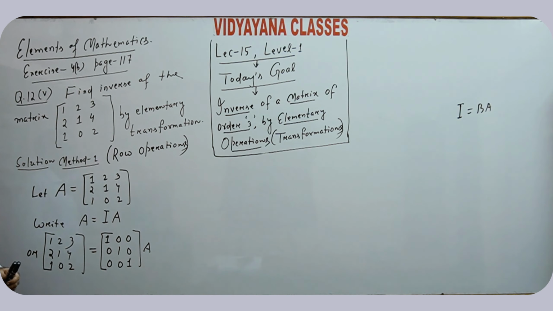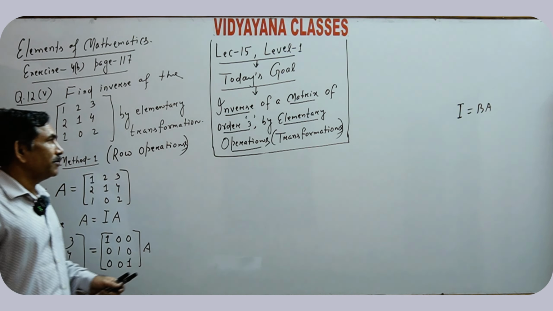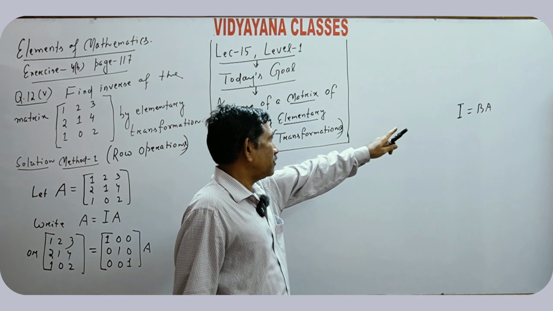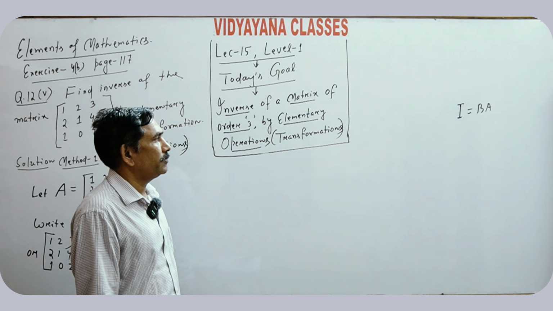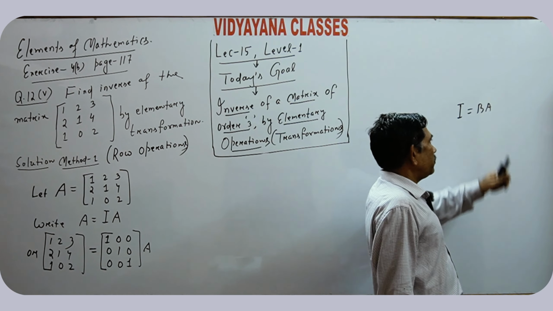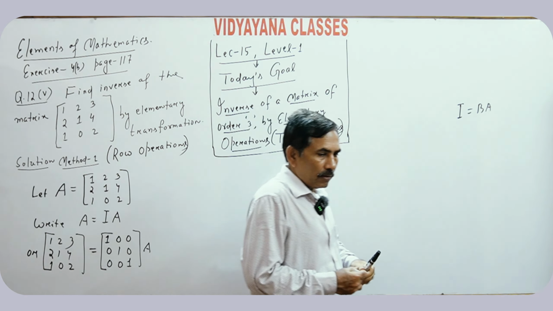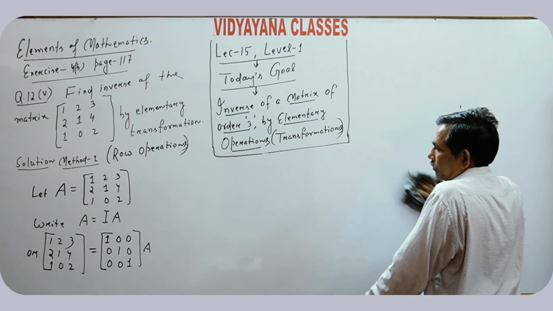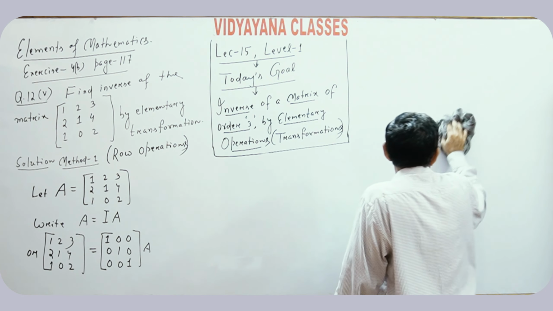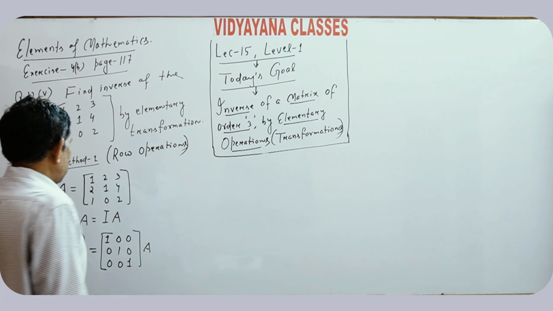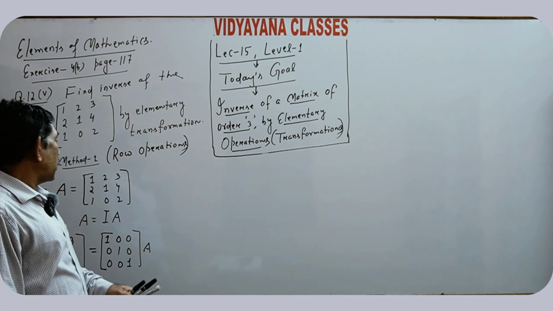That means A will become the unit matrix I of order 3 and I will be changed to B. If the expression takes the form I is equal to BA, then B is equal to the inverse of A. Clear?